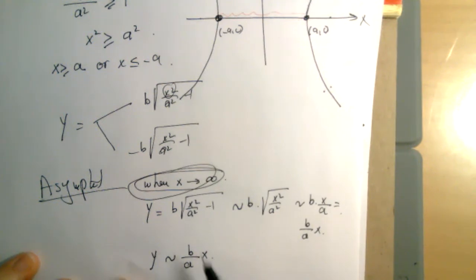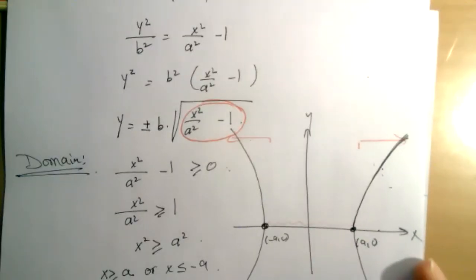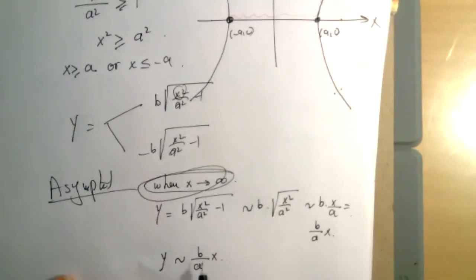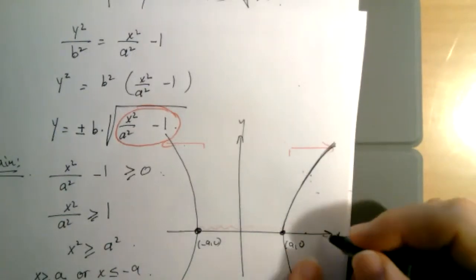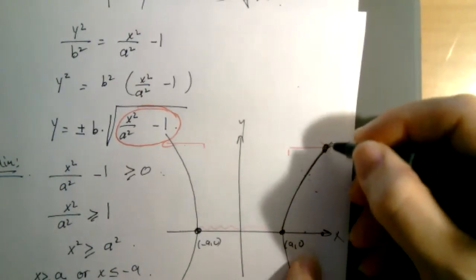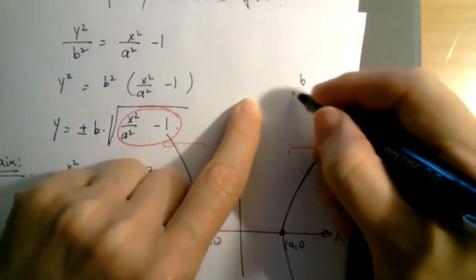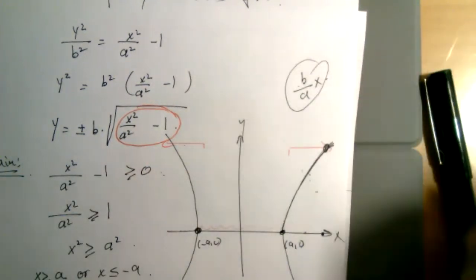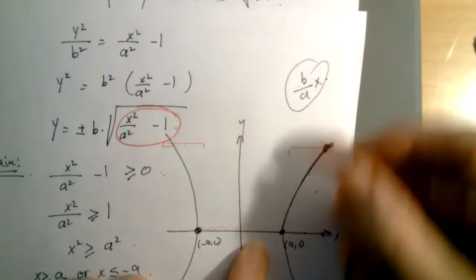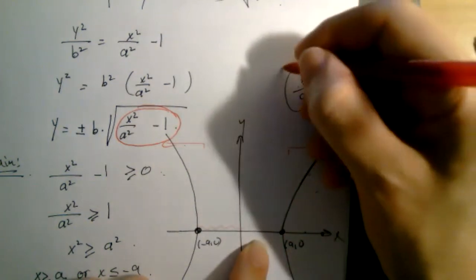If I take a large x and evaluate this expression, I get something very close to the value obtained by the simple line b over a x. So let's sketch this line.